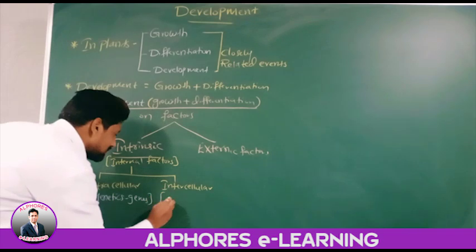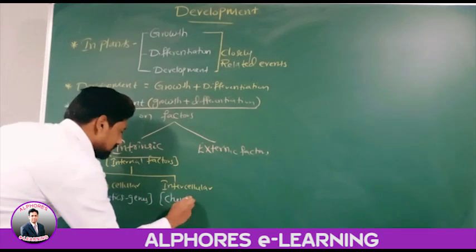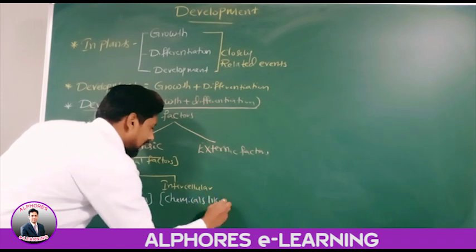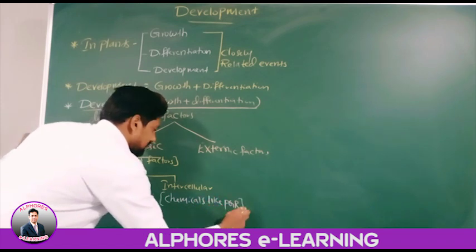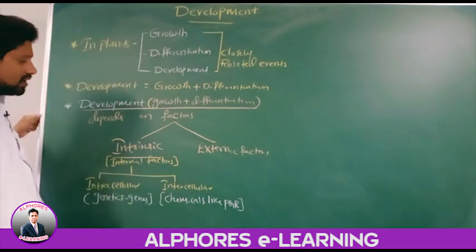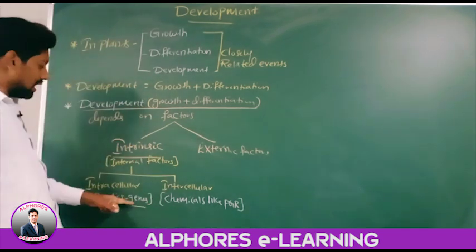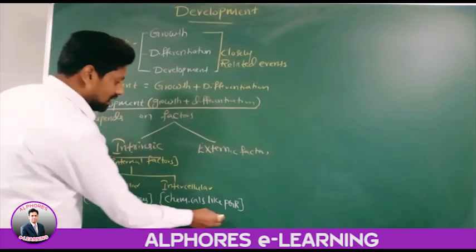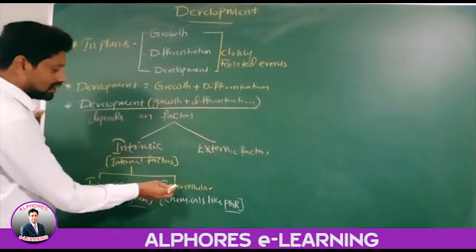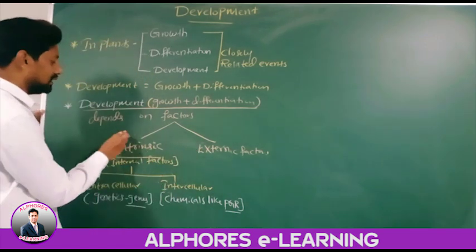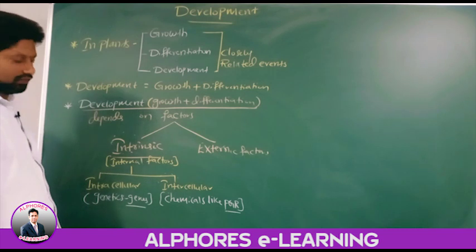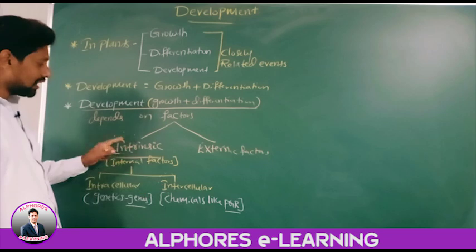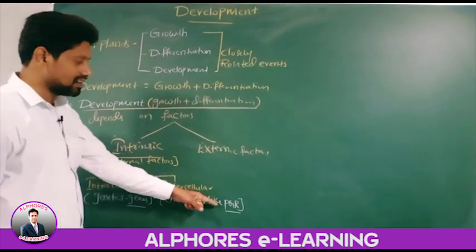Intercellular means chemicals like plant growth regulators. Therefore, genes are intracellular intrinsic factors, whereas plant growth regulators are intercellular intrinsic factors. Be careful: intracellular intrinsic, genes; intercellular intrinsic, chemicals such as plant growth regulators.